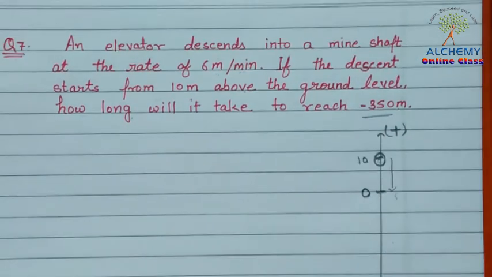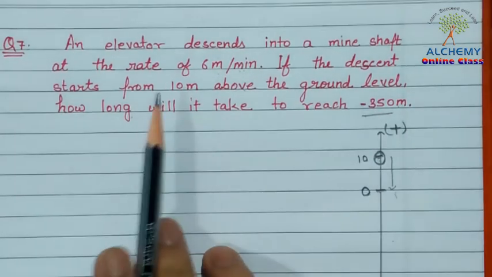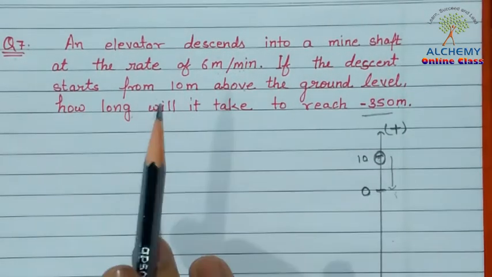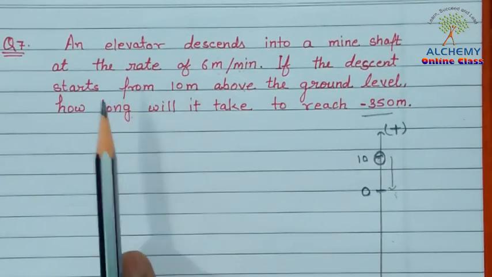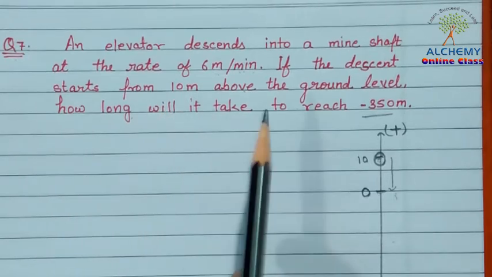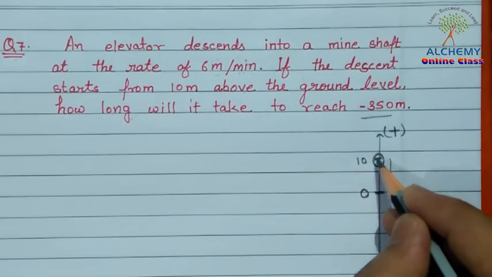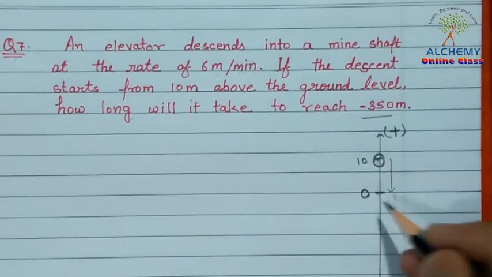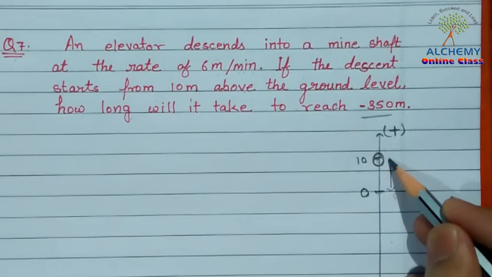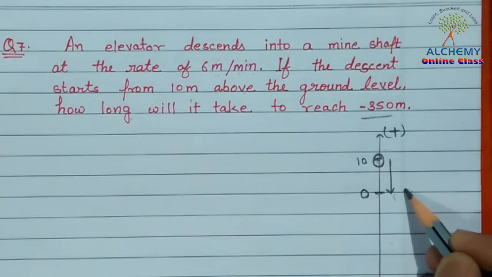Okay, so before we try to find the solution of this question, it is necessary to understand the question well. So we have to find the initial position of the elevator. The initial position of the elevator is 10 meters above the ground level. When it descends 10 meters, it reaches ground level.